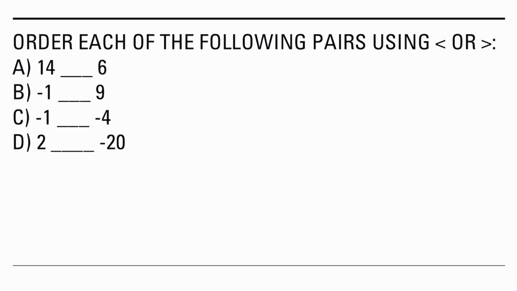From a few lectures ago when we were talking about inequalities, which hopefully you've had a look at, you need to be able to use the less than or greater than symbols to order these pairs. Less than means further to the left on the number line.